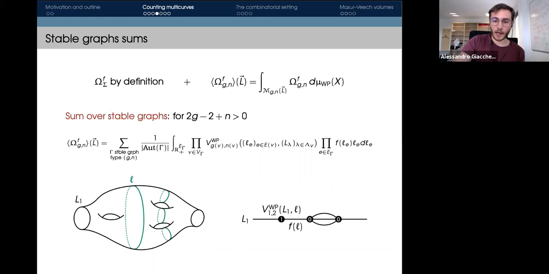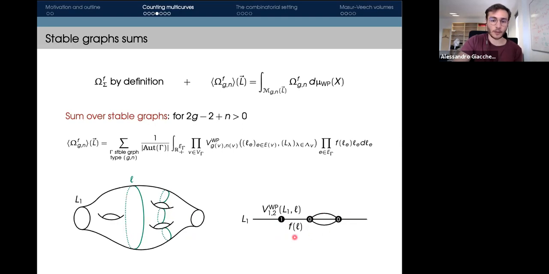And you can capture this in a stable graph where the vertices of the graph basically contain the genus of the components. So here in this case, you see a component of genus 1 and 2 components of genus 0. And the internal edges correspond to the components of the curve.